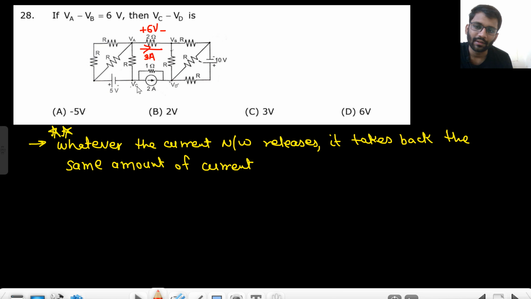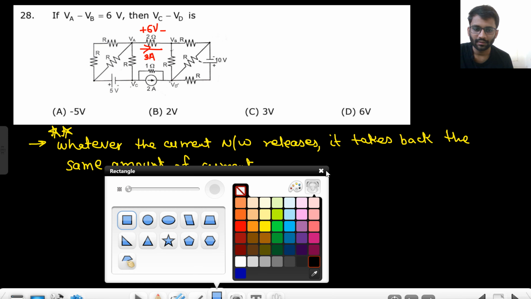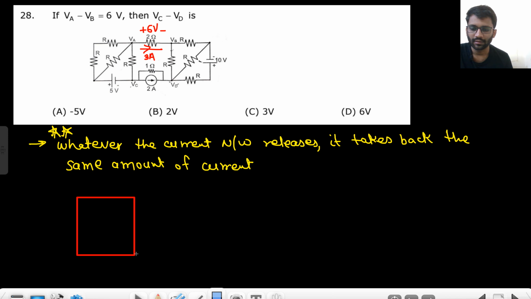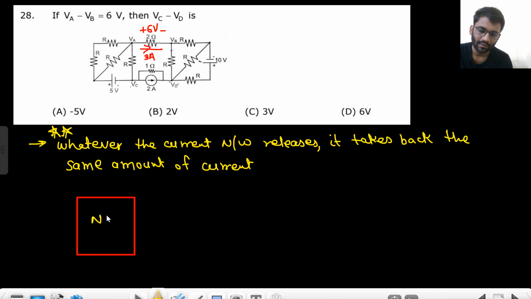3 ampere. Let's just make this box a network. There is a network, and then there is this potential VA, there is this potential VC.